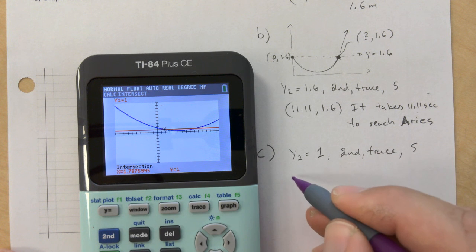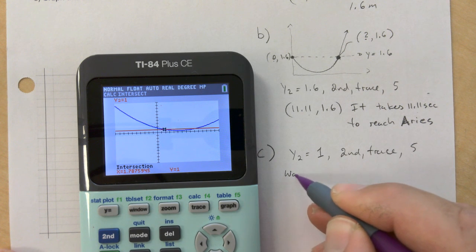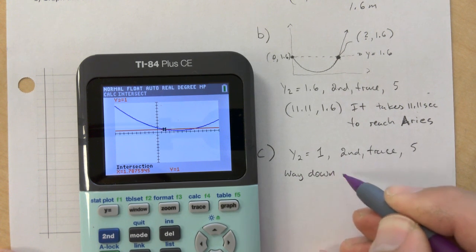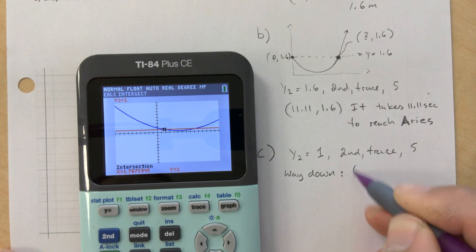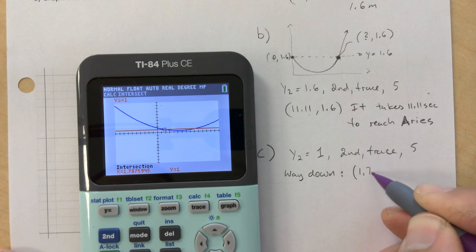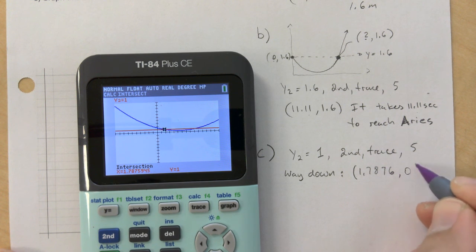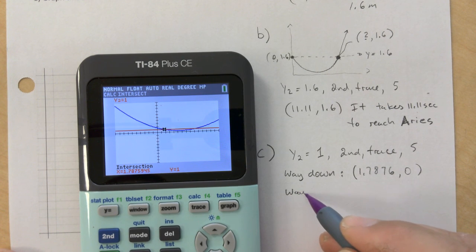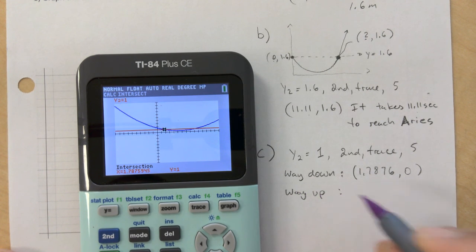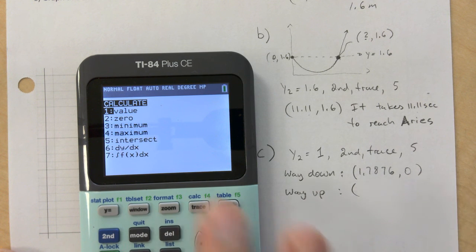So the first one, way down, it would be 1.7876 if you round it. Way up, let's go ahead and find a second trace 5.